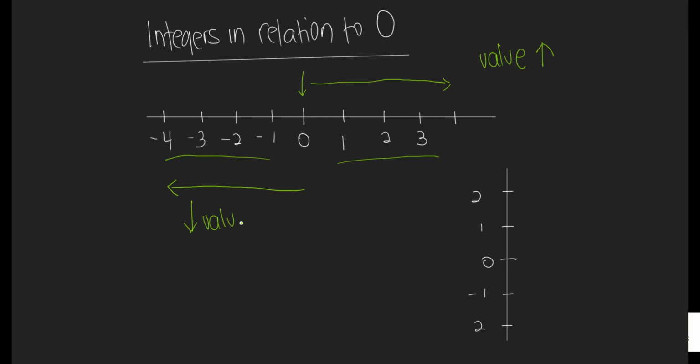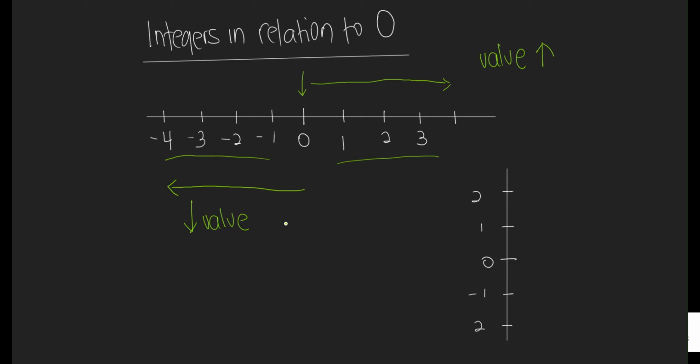Now this is kind of confusing. Let's look at this from an example. Let's say I borrowed $1 from someone, and my friend borrowed $4 from that same person. Who is in more trouble? The person owing $1 or the person owing $4?